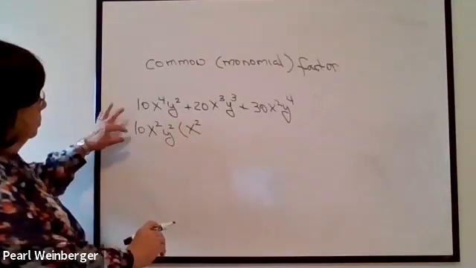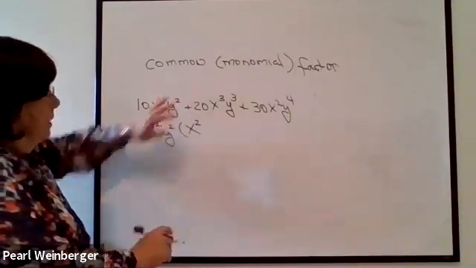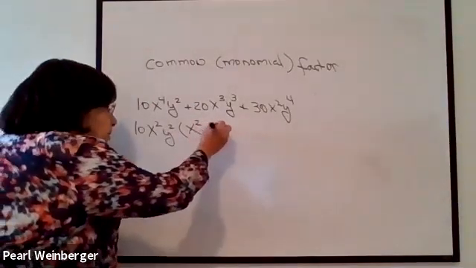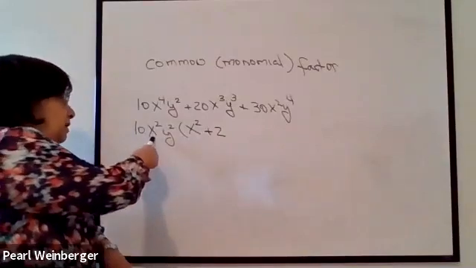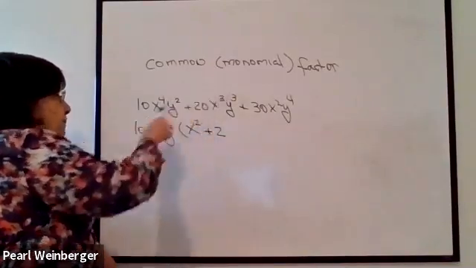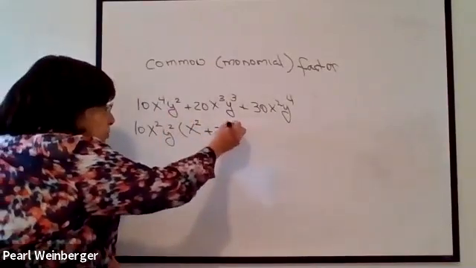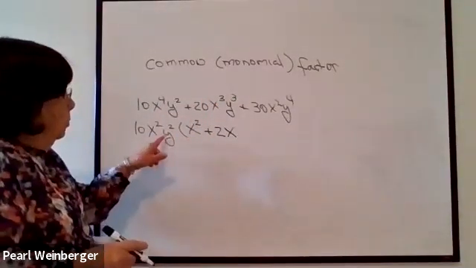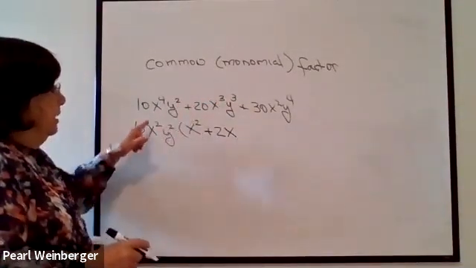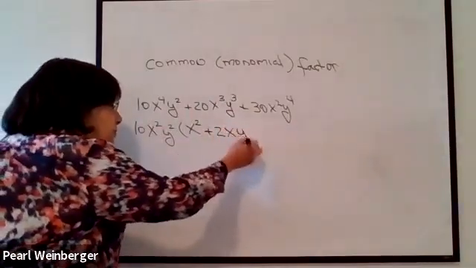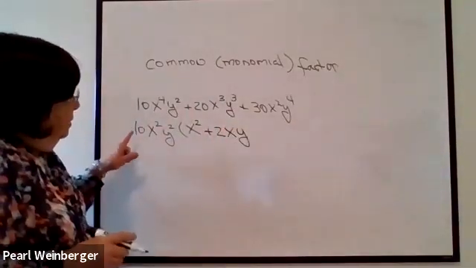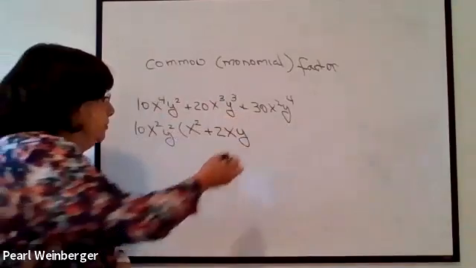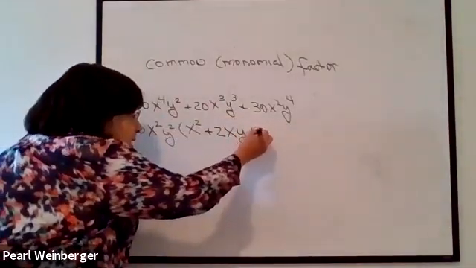Then I go to the next term. 10 into 20 gives me positive 2. X squared into x cubed, 3 minus 2 is 1, so that's x to the 1, or just plain x. Y squared into y cubed, again, is just plain y. And finally, 10 into 30 gives me 3.